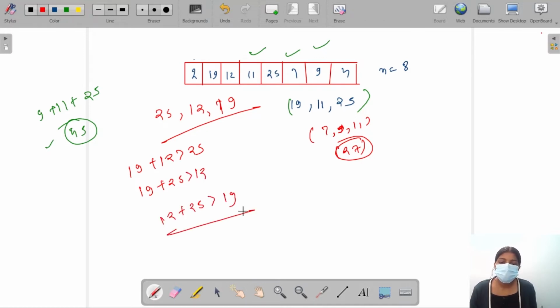All these three sides form a triangle. So the perimeter of 19, 12 and 25 is 31 plus 25, which is 56. Sorry, 30 plus 25, it was 55 here.